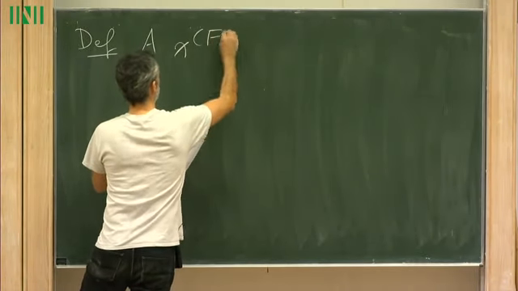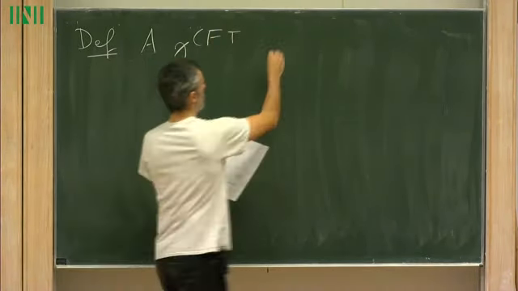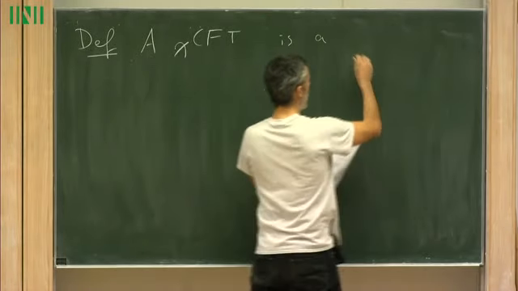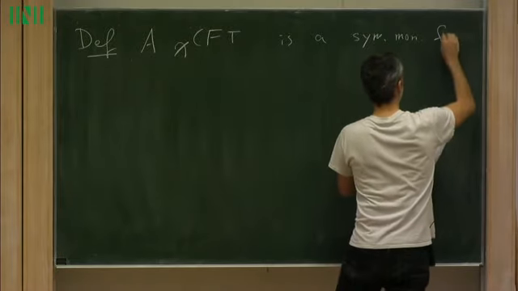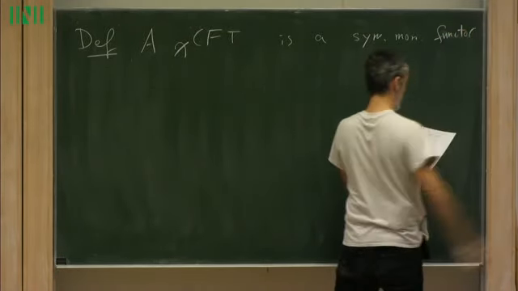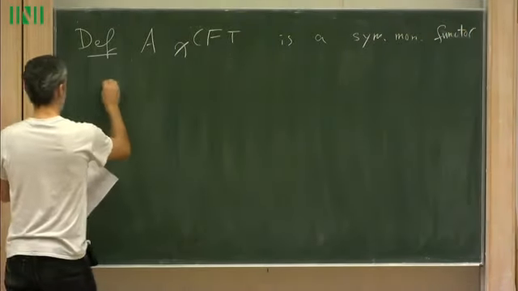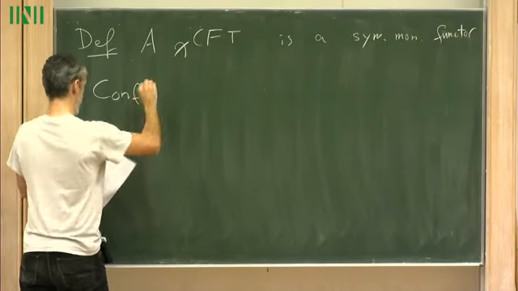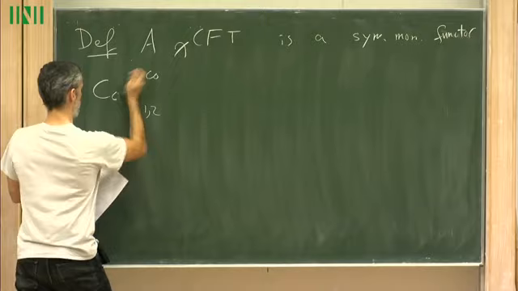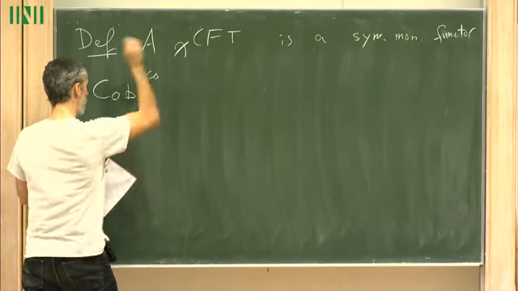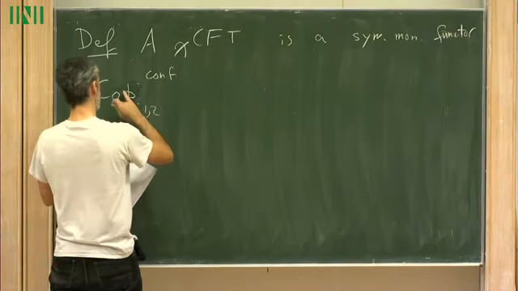A chiral CFT, and I'll give you, is a symmetric monoidal functor from the conformal, maybe I want to write here cob, and then here conf.